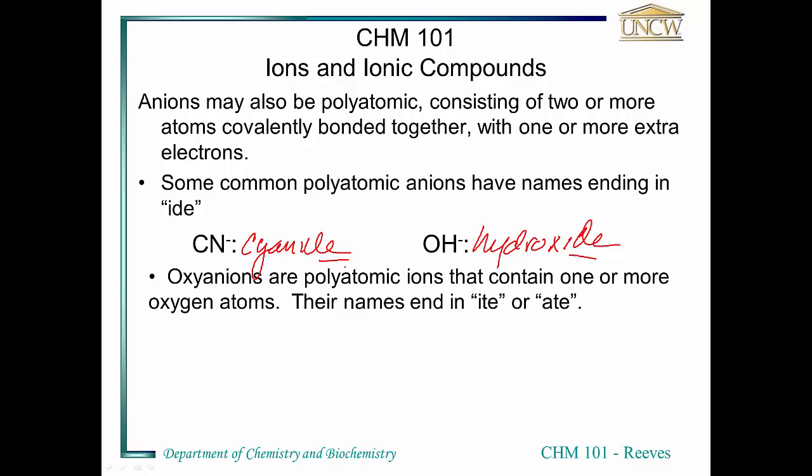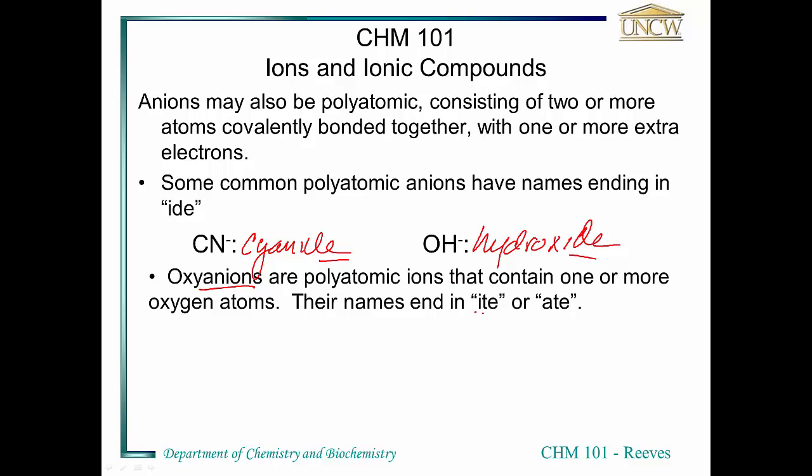The polyatomics, on the other hand, are typically oxyanions. And by that we mean that it's an element, typically a nonmetal, but it doesn't have to be, surrounded by 1 or more oxygen atoms. They're polyatomic ions, again, because they consist of a number of atoms covalently bound together with a charge of typically -1 or more.